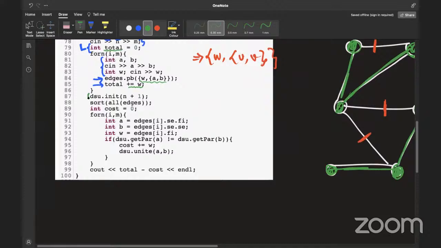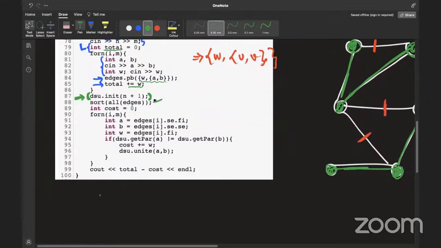Then I initialize my DSU. You had DSU in a previous week, and for Kruskal's algorithm, in my particular implementation I use DSU. So I initialized the DSU.